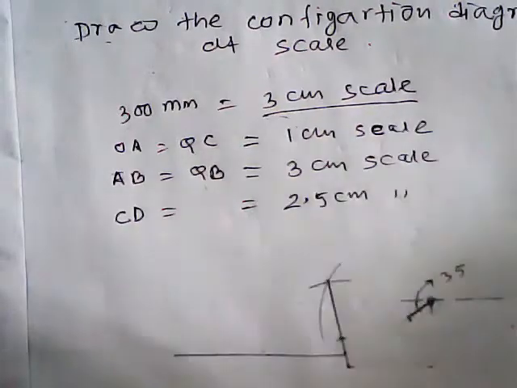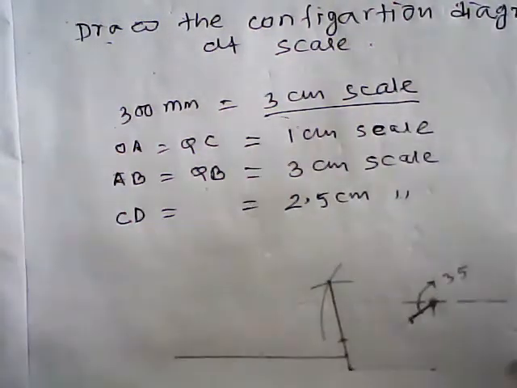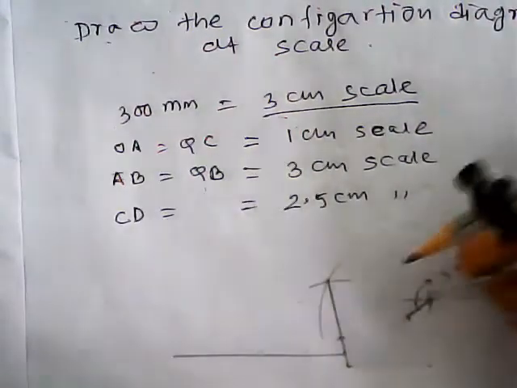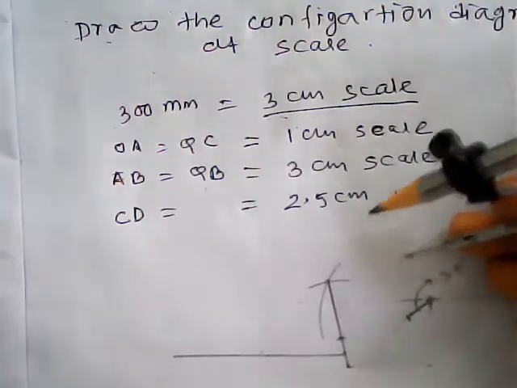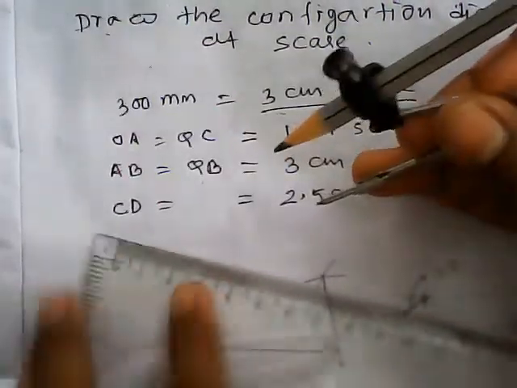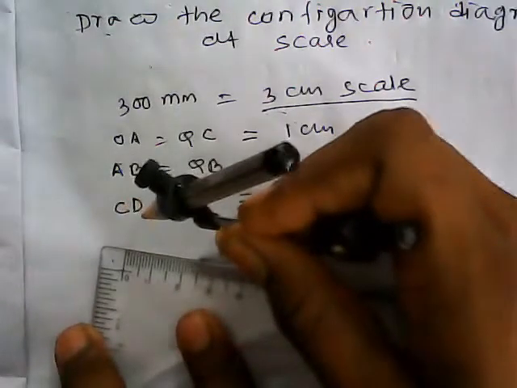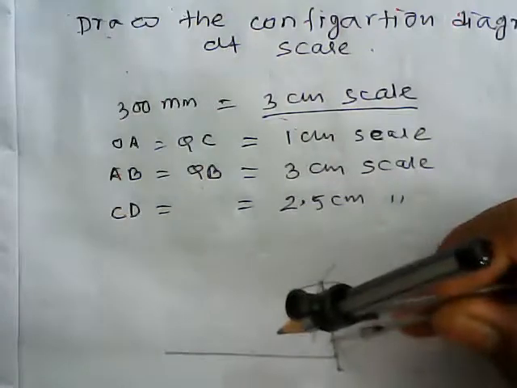So the length is 250. From point C, the length is 250, so 2.5 centimeter in scale.